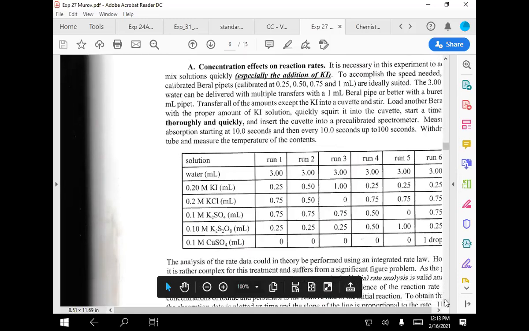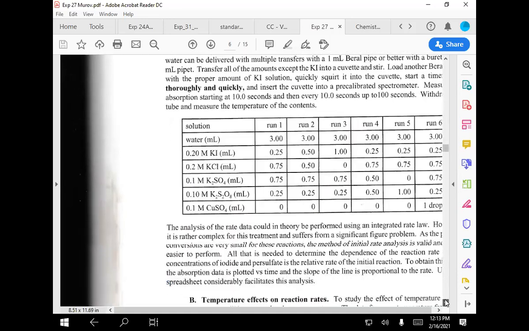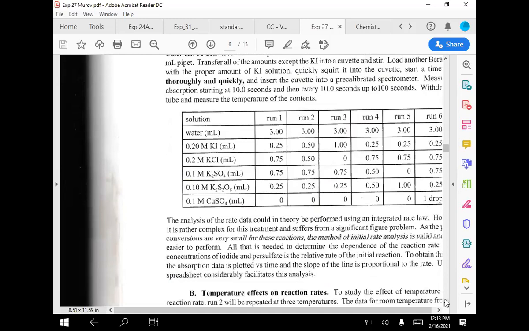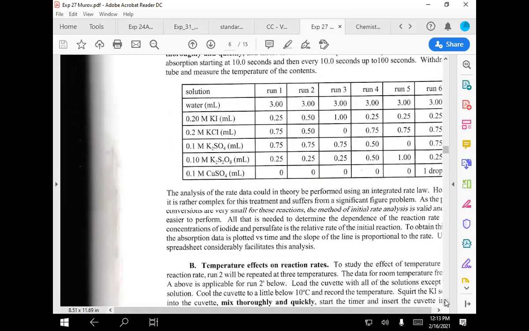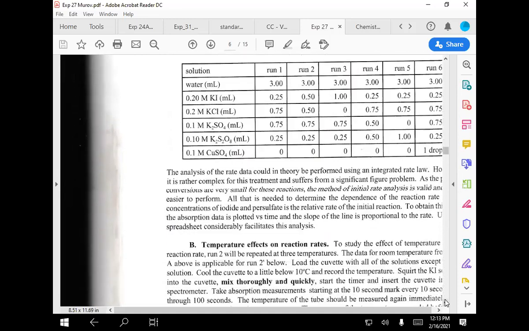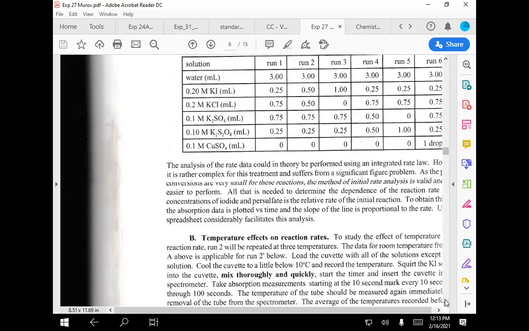And then part B is the temperature effects. So again, we're doing the procedure, doing the reaction at different temperatures. Okay, this is telling us about taking absorption measurements.